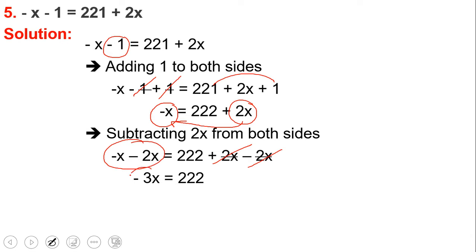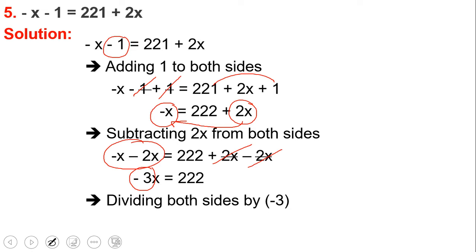Now here again minus 3 is in multiplication. So to remove this minus 3, we have to divide both sides by minus 3. So dividing both sides by minus 3, you will get minus 3x upon minus 3 is equal to 222 upon minus 3. So here minus 3 gets cancelled.